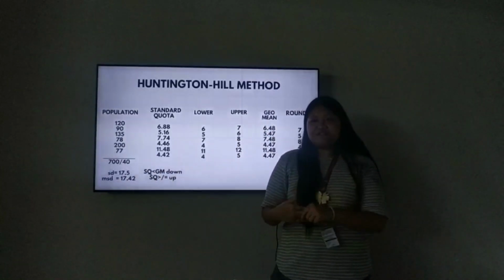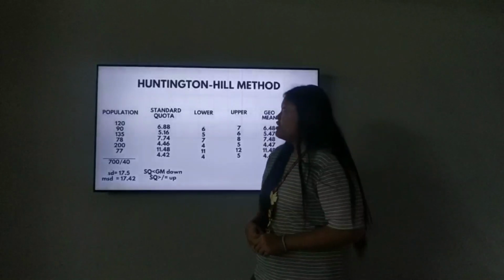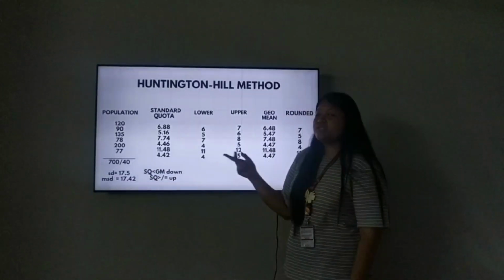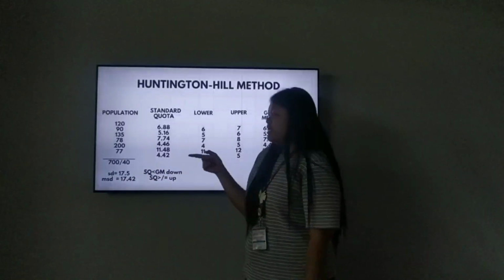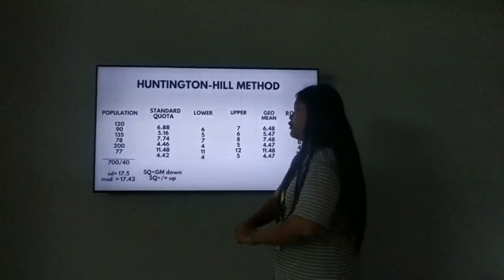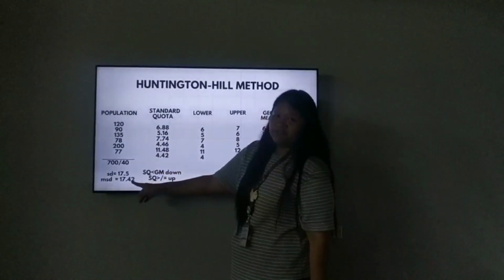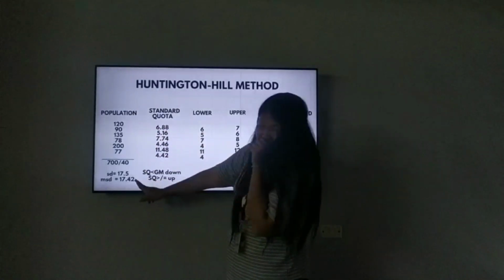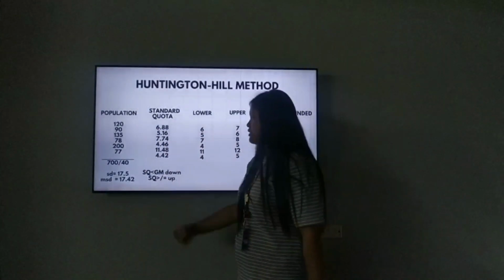If in the Jefferson method the MSD should be lower than the standard divisor, in the Huntington-Hill method, take note that the MSD should be higher than the standard divisor. So we divide the population by the MSD to get the standard quota. 120 divided by 17.42 equals 6.88, and so on.